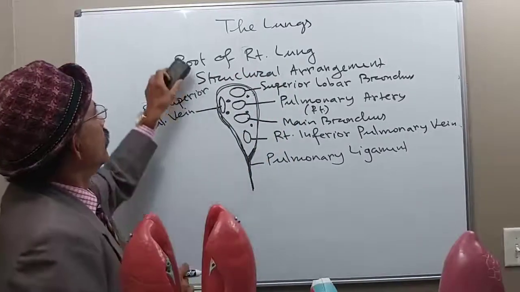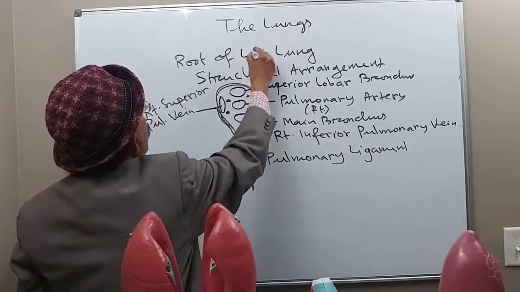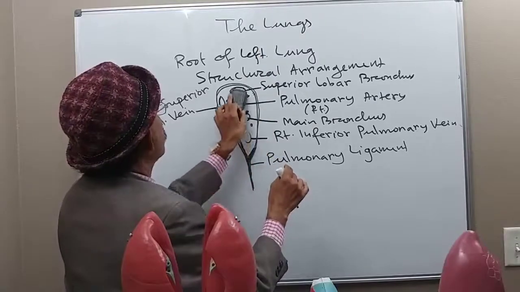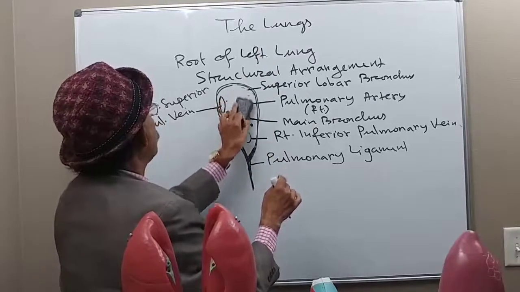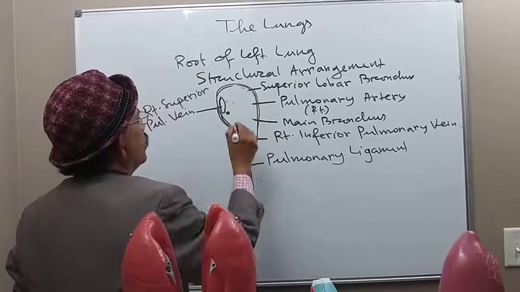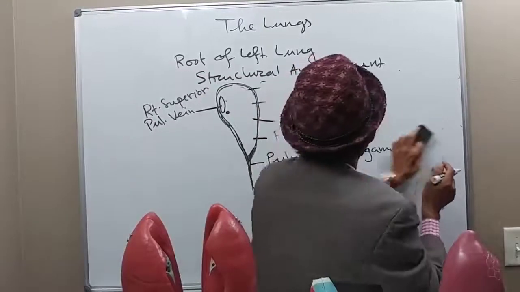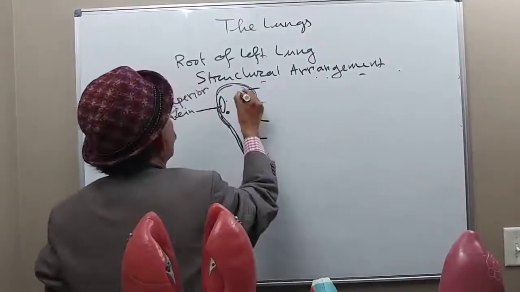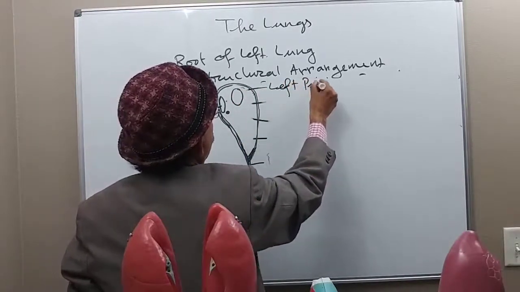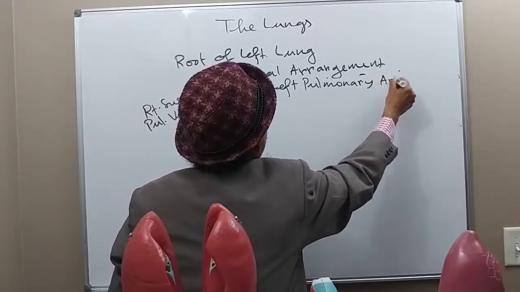Now we'll go to the left lung structural arrangement. We have a little difference here. We'll get the pulmonary artery at the top, the left pulmonary artery.